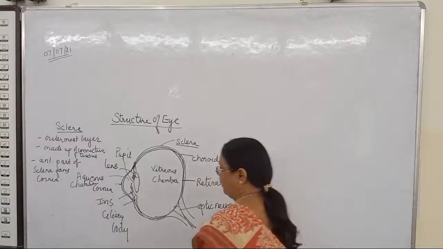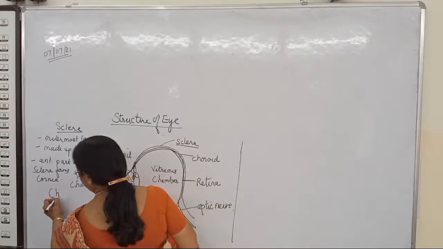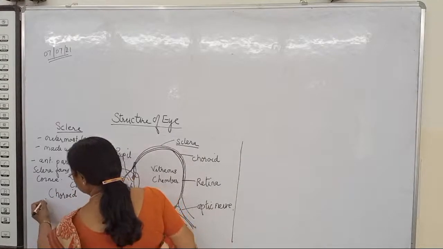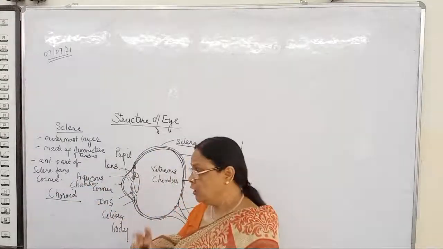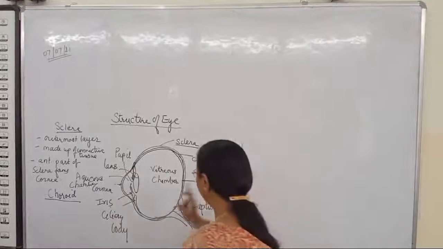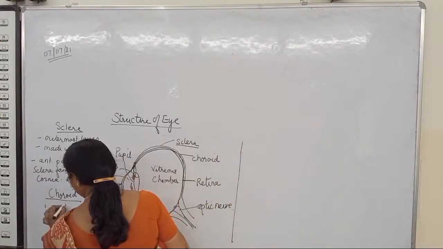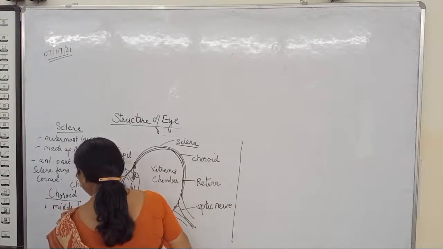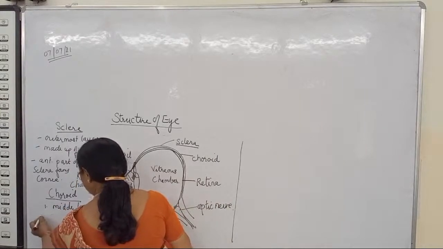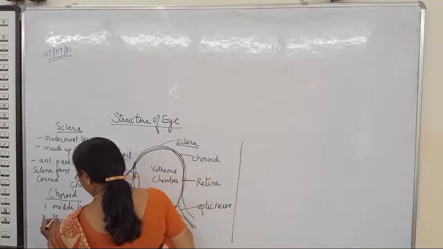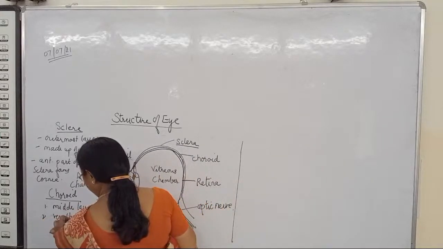Then we come to choroid. Now choroid, as you can see, is a middle layer. Second thing you must remember is that it is a very thin layer.